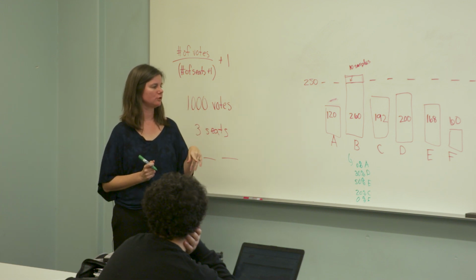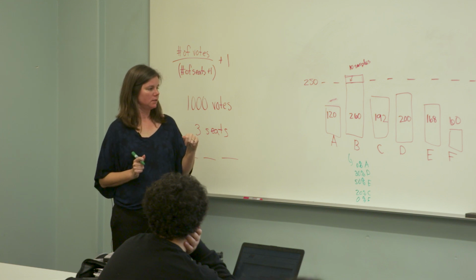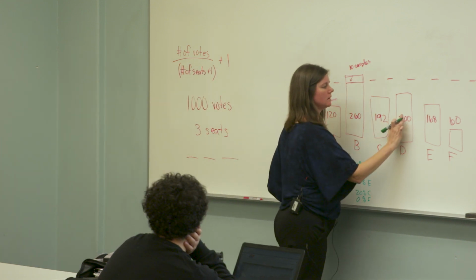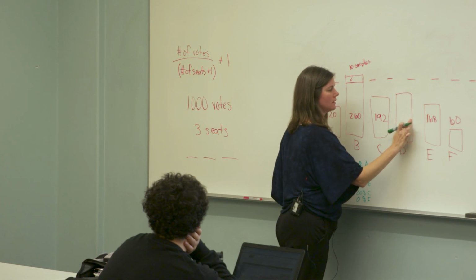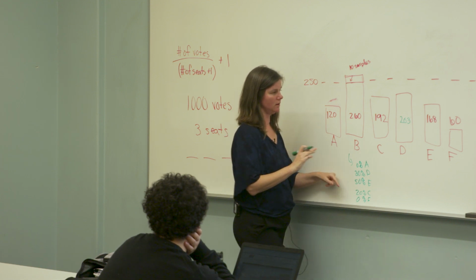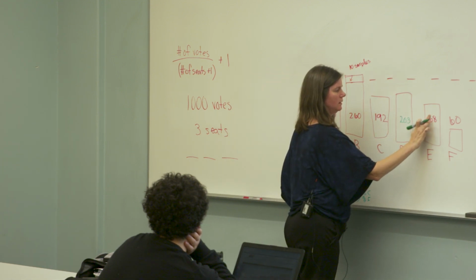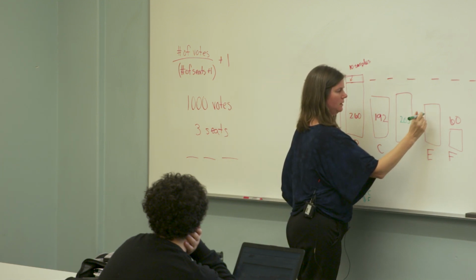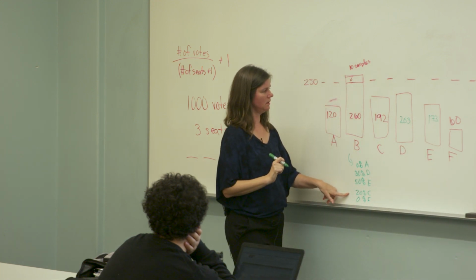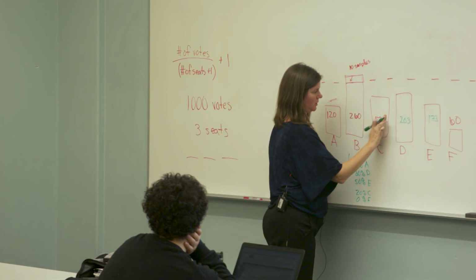F doesn't get any extra. D gets 3 more. Now 203. E gets 5 more. And C gets 2 more.